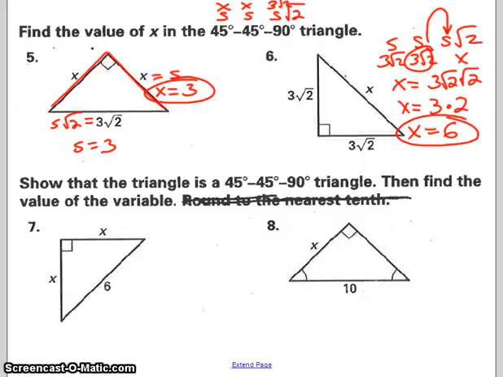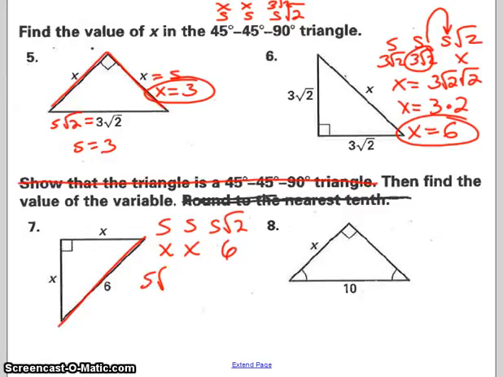The next one said show the triangle is 45, 45, 90. We don't have to do that. All we have to do is something similar to 5 and 6, just solve for x. So we have again side s square root 2. We don't know these two sides, but we know that s square root 2 is the same as 6 right here.